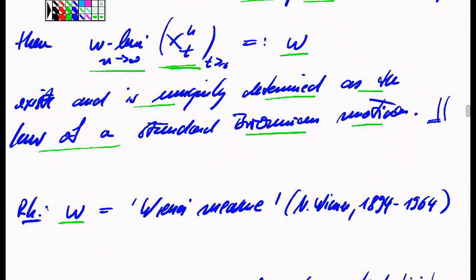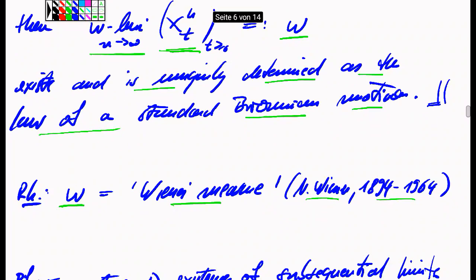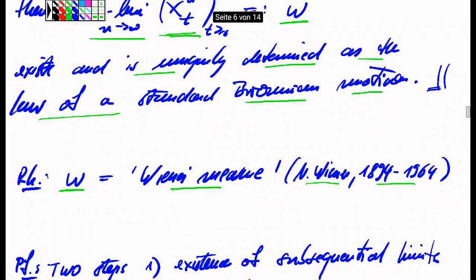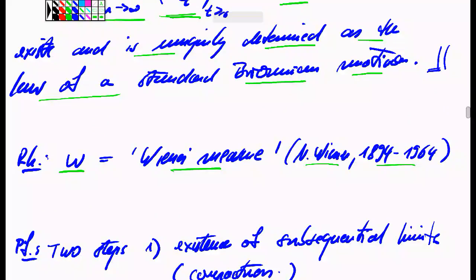This measure W, which we obtain on the collection of paths, is called the Wiener measure, named after an Austro-American mathematician, Norbert Wiener, who lived in the first two thirds of the 20th century.